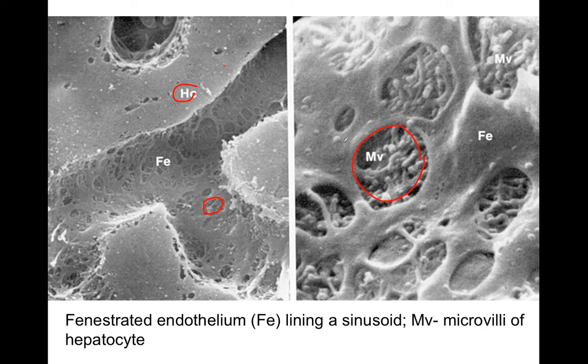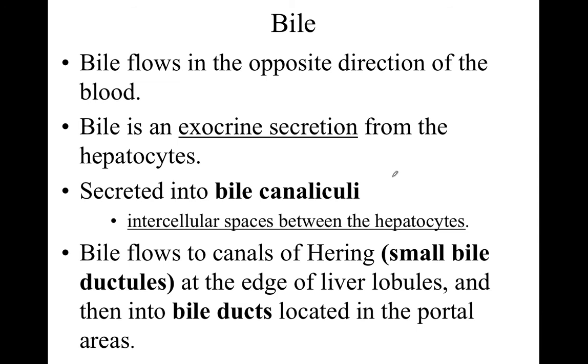So this will allow maximum contact between the blood and the hepatocyte. As I said, the hepatocyte is going to modify the components of the blood, so we need maximum contact between the blood and the hepatocyte. See here, all of this area is the area of the sinusoids, and inside it we can see the microvilli of the hepatocyte.